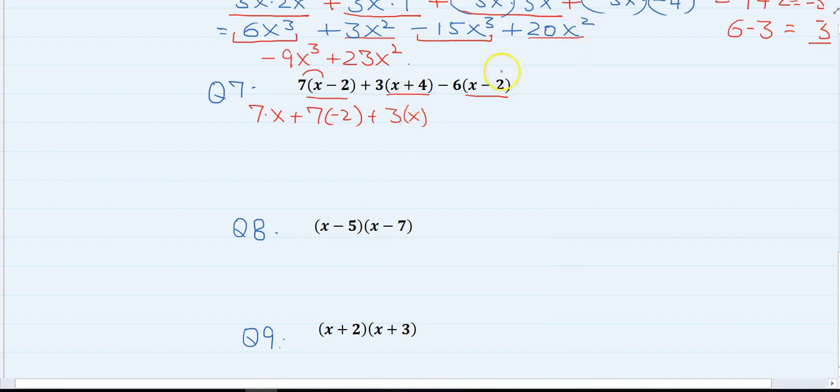You can use bracket or you don't use bracket because there is no negative. Plus 3 multiply 4. Now there is a negative, but I'm going to use positive. Plus, now minus 6 multiply x. Again I'm going to use positive. Then minus 6 multiply minus 2.